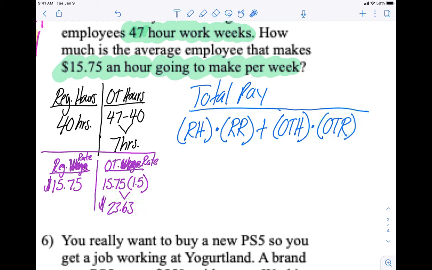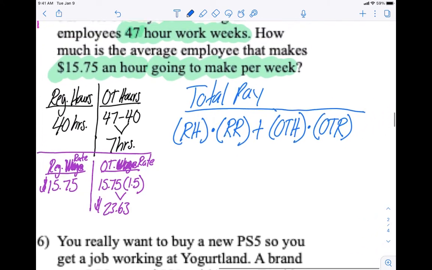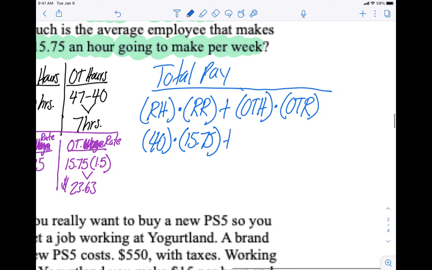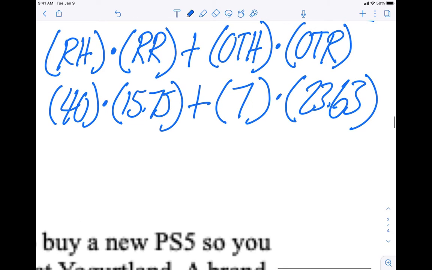All we've got to do, everyone, is just plug everything in. Regular hours is 40, so 40 times regular rate $15.75, plus overtime hours is 7 times overtime rate $23.63. Let's punch this whole thing into the calculator.